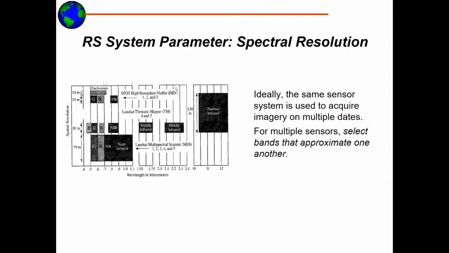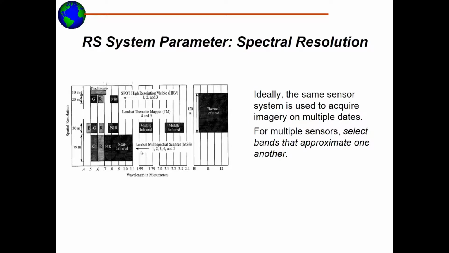Finally, we have come to the last part of the requirements we need to consider when choosing our images to do a change detection analysis. And this is the spectral resolution of the sensors of the satellites. Here we have the wavelength of the radiation that is absorbed by the different sensors.